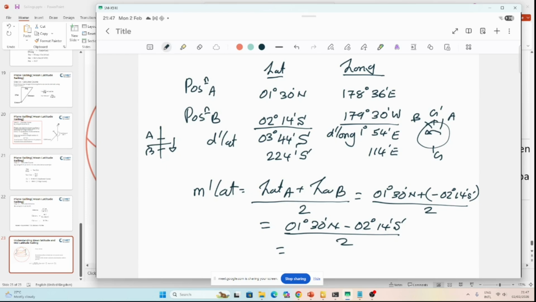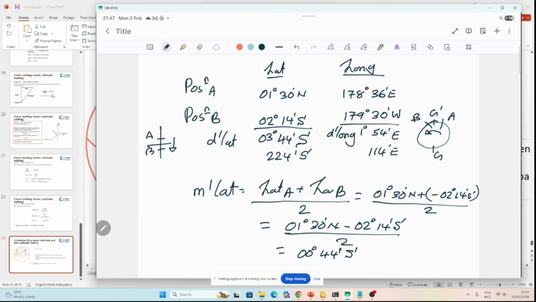So you go 2 degrees 14 minutes minus 1 degrees 30 minutes, and that is going to be minus 0 degrees 44 minutes, right.